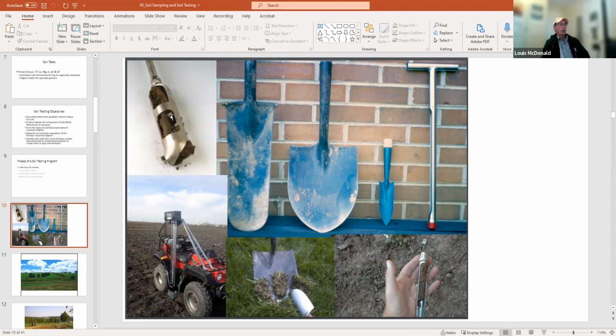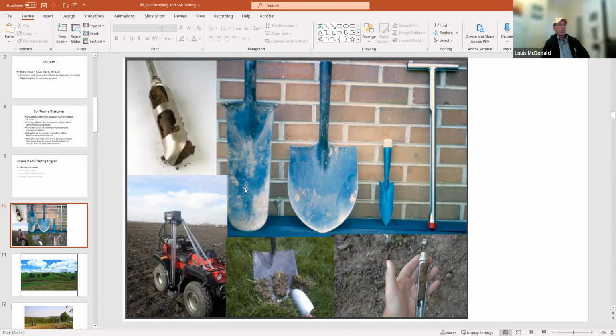They are good if you want to get down deep, no doubt about it. They have different kinds of bottoms here for different kinds of soils. So if you're sampling in wetland soils or sandy soils, you can get a different kind of bottom here.